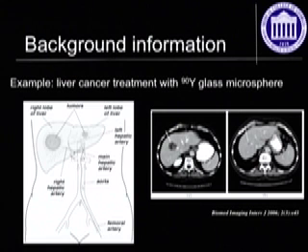There, they can infuse the radioactive glass microsphere. The glass microsphere will block the blood vessels supplying the tumor. And also there, they can emit radiation, because they emit beta emission.